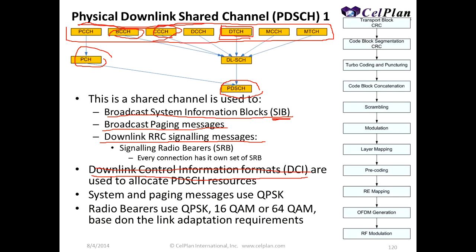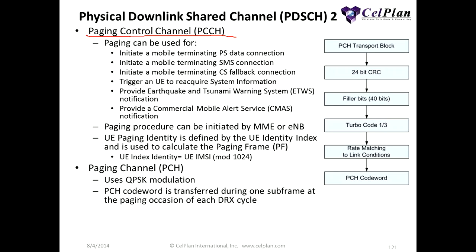You will see that instead of declaring where the message is and how big it is, it uses all kinds of tricks to minimize the number of bits, and we will discuss this. System and paging messages always use QPSK. So everything broadcast is QPSK. The rest use adaptive modulation, QPSK, 16 QAM or 64 QAM.